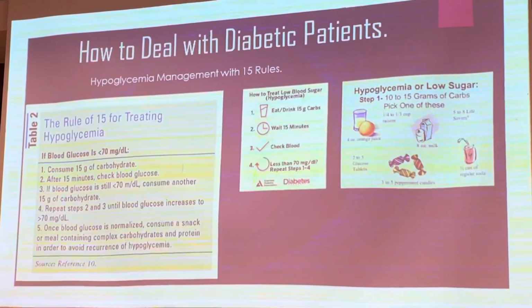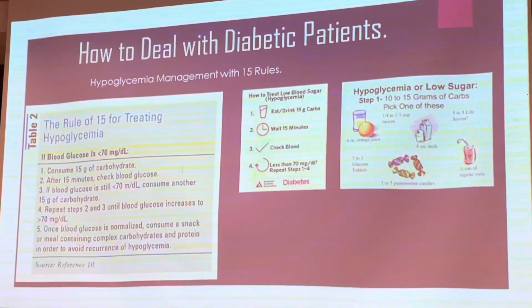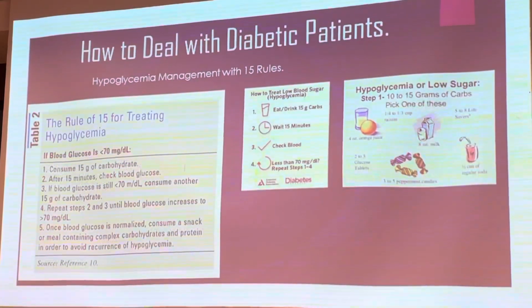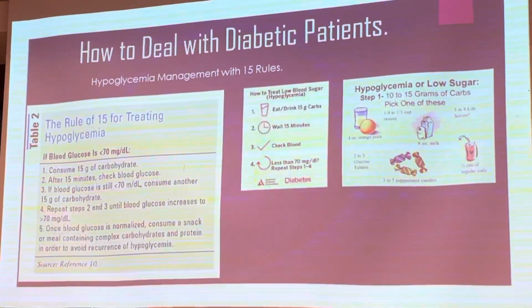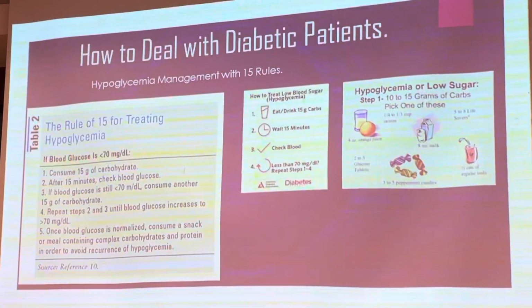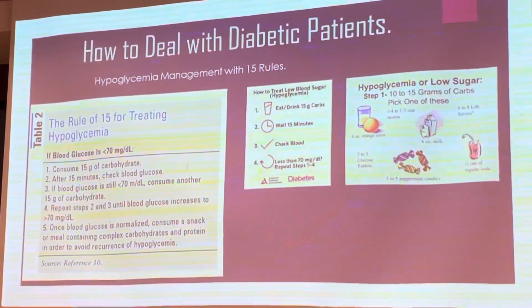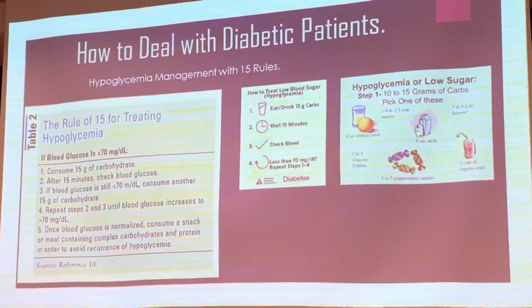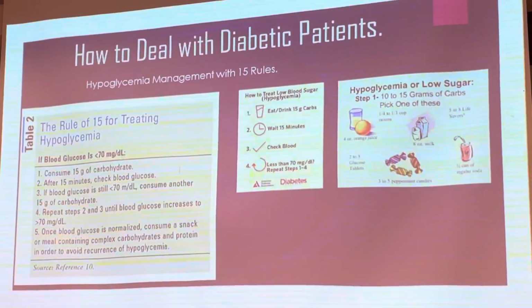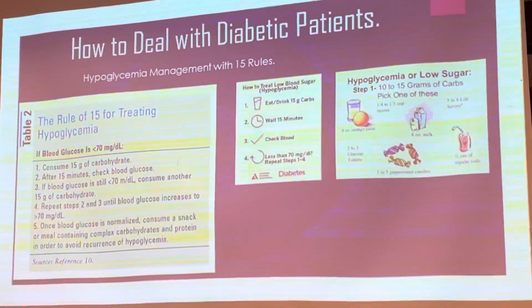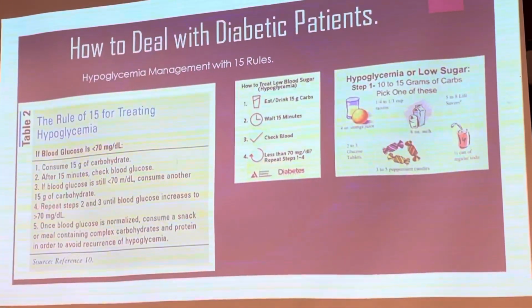Okay, then again, if you see the patient has hypoglycemia and doesn't want to drink anything, you can ask the kitchen to give you honey or something to put in the gum, and you make a small massage. It can help.